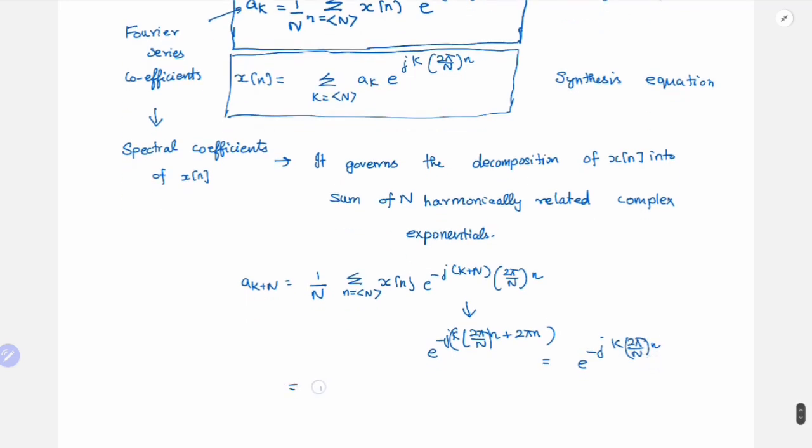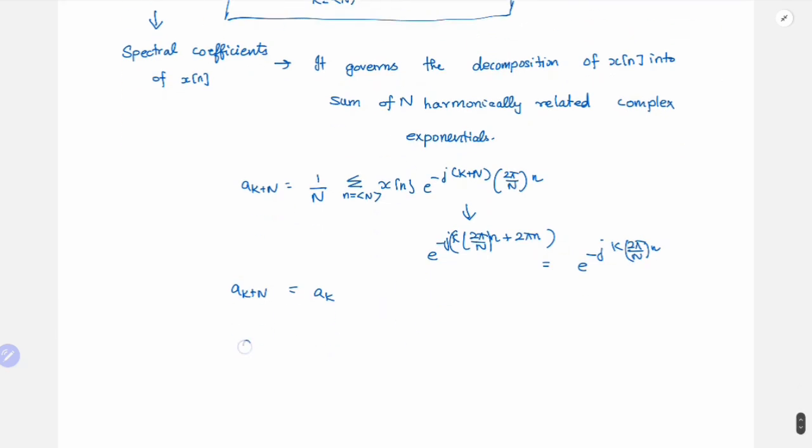So this is equal to a_k itself. So your a_k are also periodic with fundamental period n. Okay.